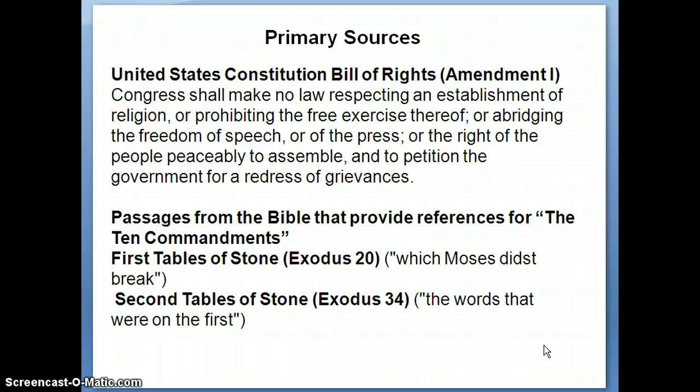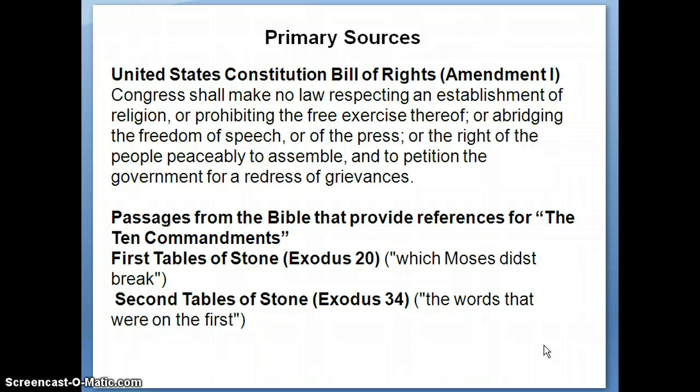That is where the entire section that has to do with the separation of religion from state government is based in our country. So that's a primary source document.